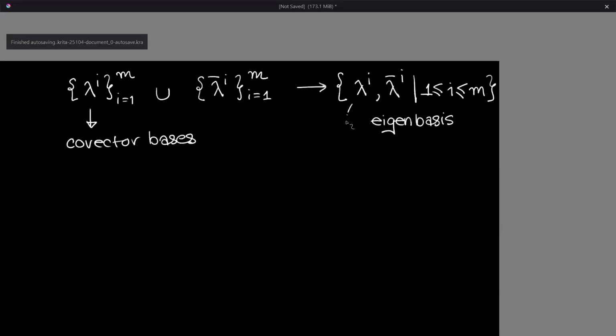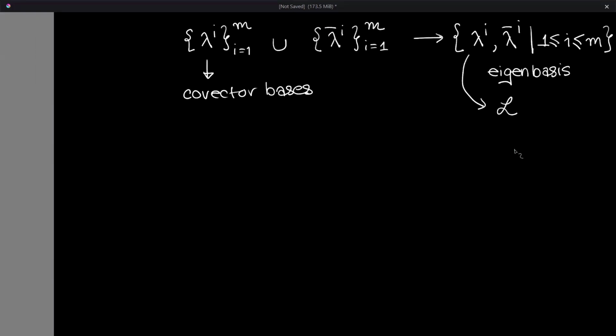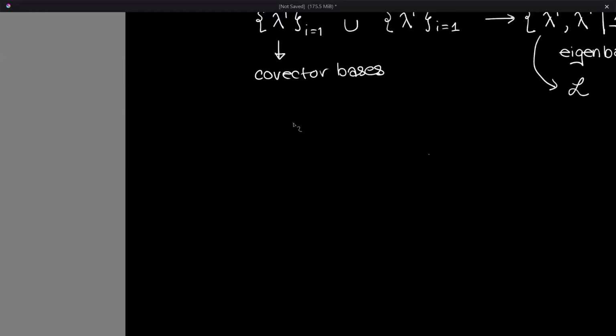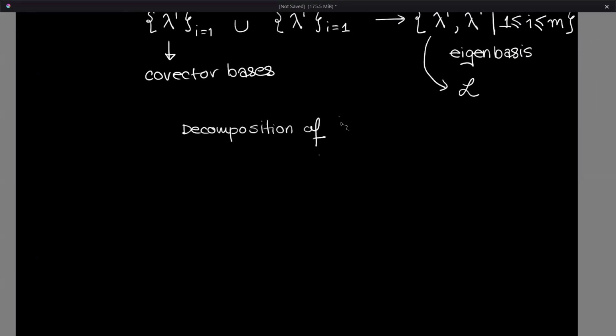We're going to call this eigenbasis curly L. This is not the Lagrangian this time. This is the basis of eigenvectors for V star cross C. So the next one is what we wanted to prove: the decomposition of V star cross C.